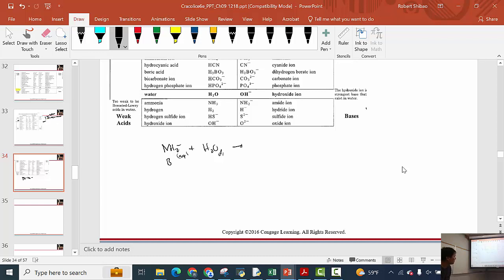So amide's going to take a proton off water and form what? Ammonia. And water is going to be converted to hydroxide. So we're going from amide to hydroxide.